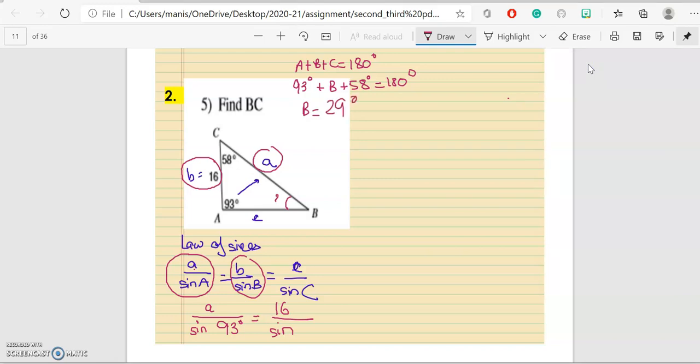So what I will do is I will substitute 29 over here. Now we will cross multiply. So when I'm cross multiplying, you will see my step will look like this. Let me erase this. a times sine of 29 degrees is equal to 16 times sine of what? 93 degrees.